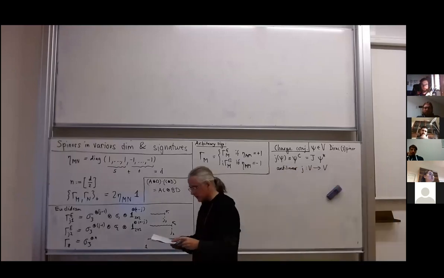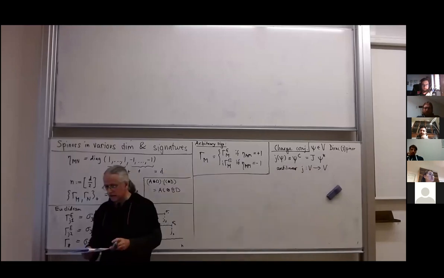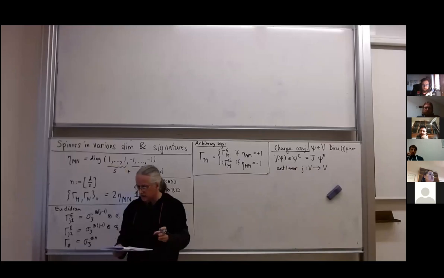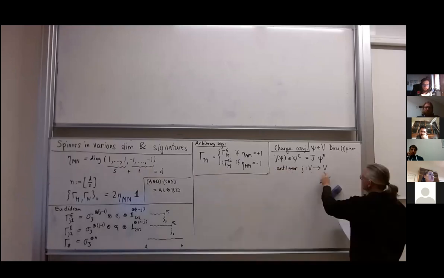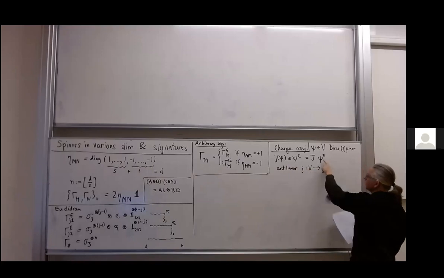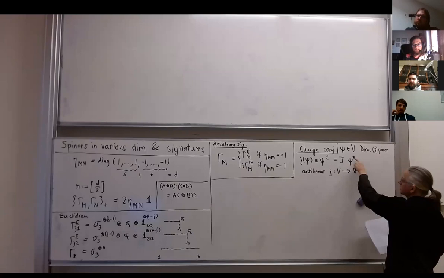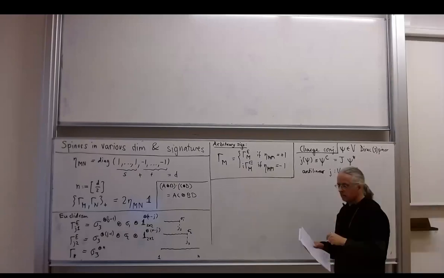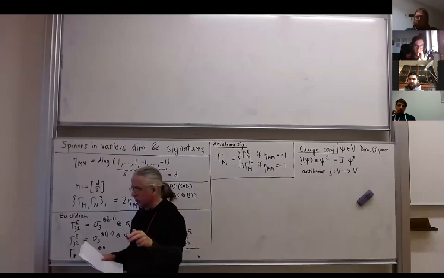Does everybody know what an antilinear map is? Antilinear means that it is conjugate linear with respect to complex conjugation, and that is of course completely written out here. We can think of a linear map as a matrix, but because it's antilinear, we have to put a complex conjugation on here. So you can see that capital J is sort of the matrix representation of this map.